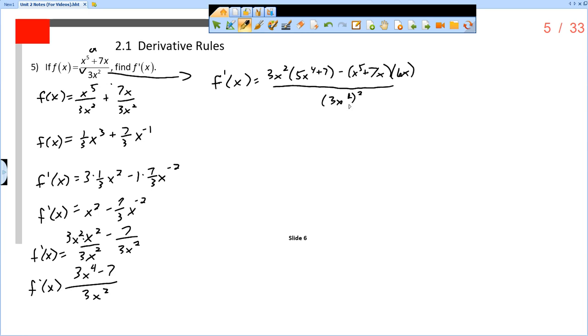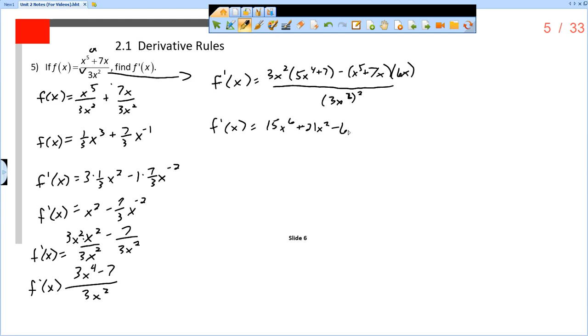All right, so now I need to simplify. Technically, these should be the same, and so I need to simplify to make sure that that is true. So I have 15x to the sixth, and then plus 21x squared. And then here I'm distributing the 6x, but I'm also distributing a minus.